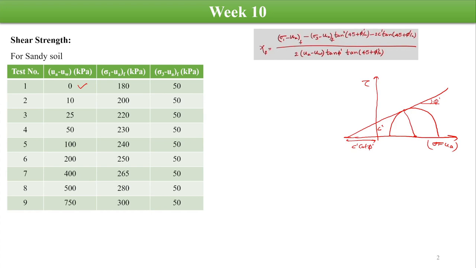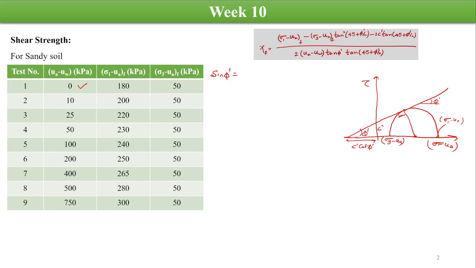If we draw a line from the tangent point to the center of the circle, this point will be nothing but sigma 1 minus u_a, and this point will be sigma 3 minus u_a. If we need to write the expression for sine phi dash, then how can we write it? This angle will be 90 degrees.